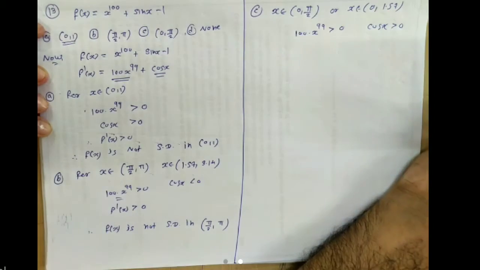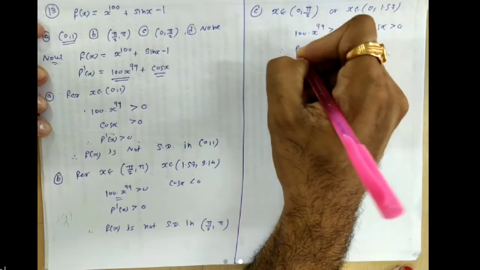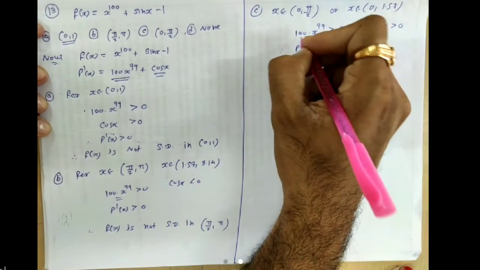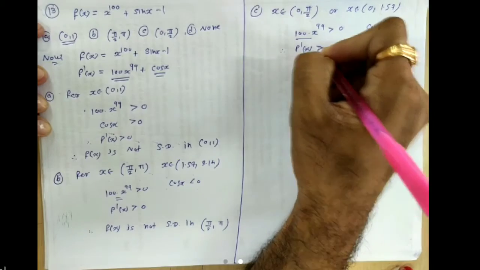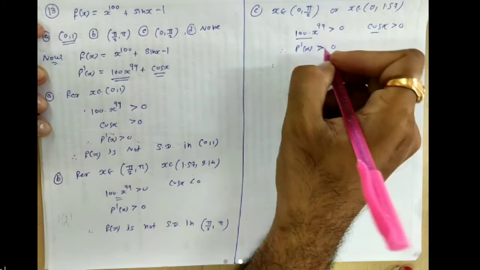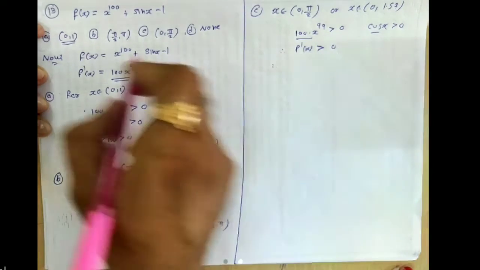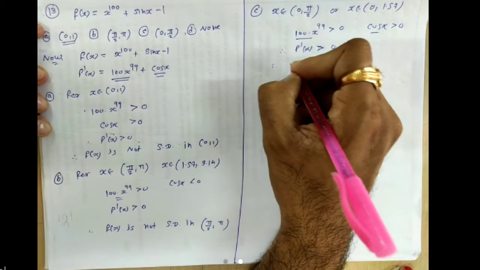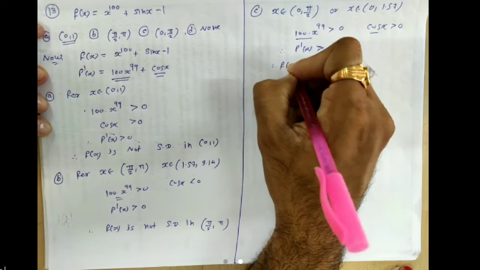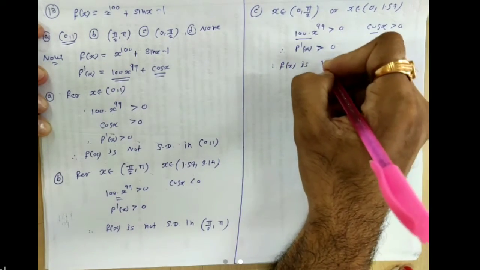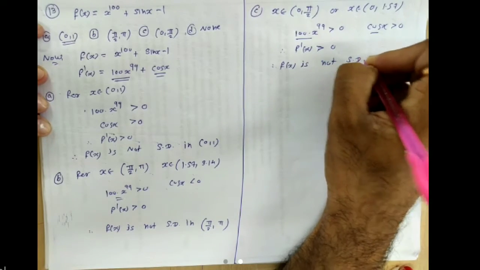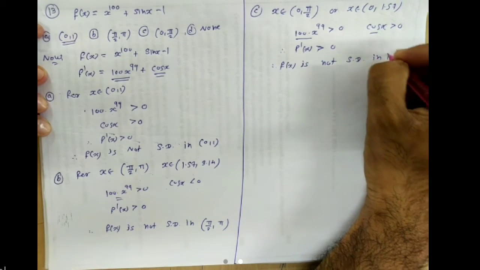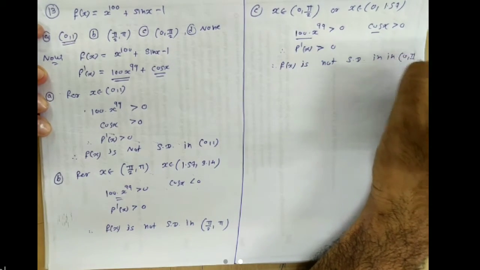So f dash x, the sum of these two terms, is greater than 0. We can say that the given function is not strictly decreasing in 0 to pi by 2.